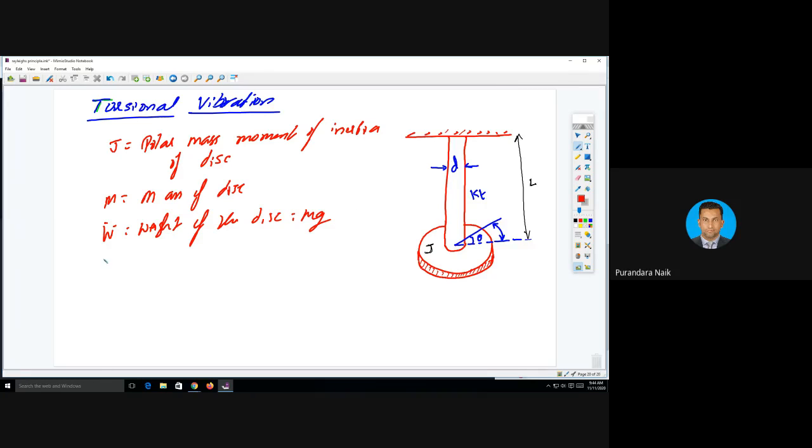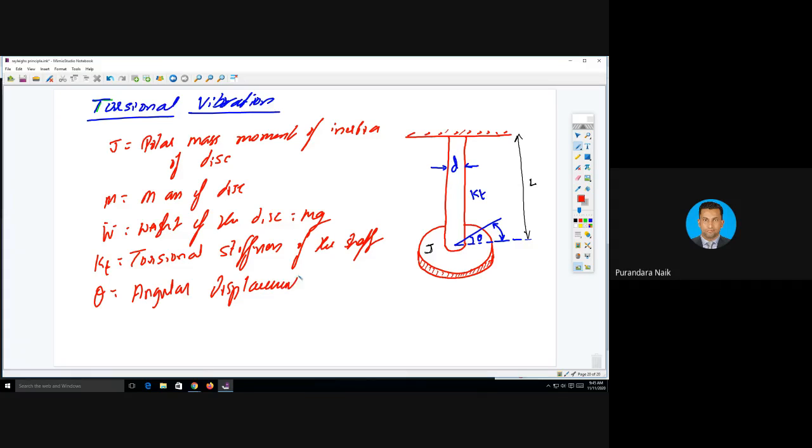W equals mg. Kt is the torsional stiffness of the shaft. Theta is the angular displacement of the disk.